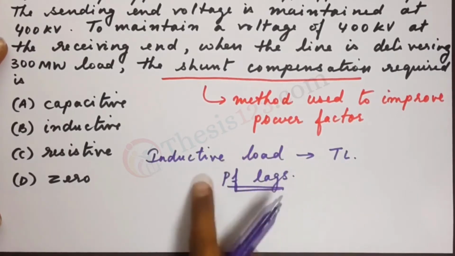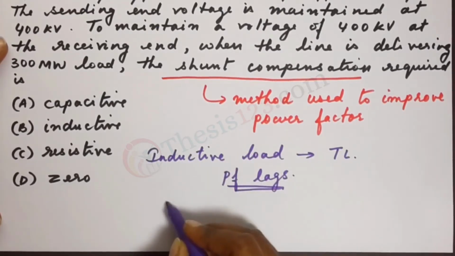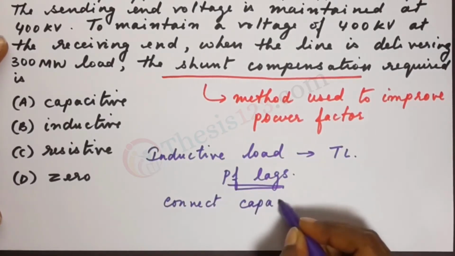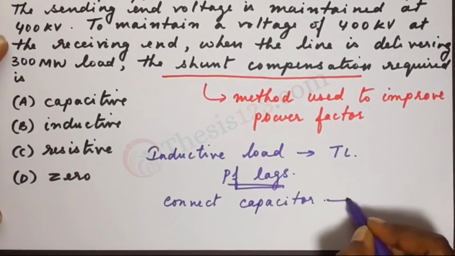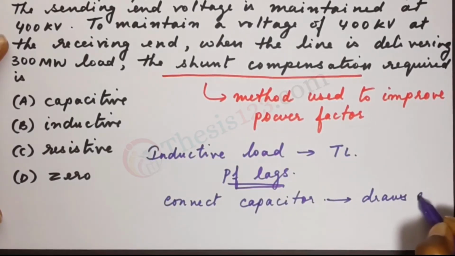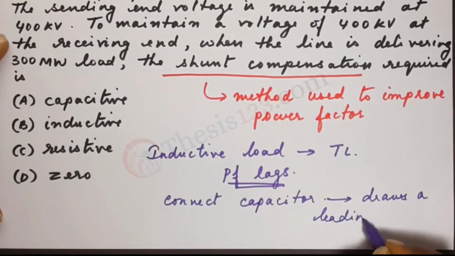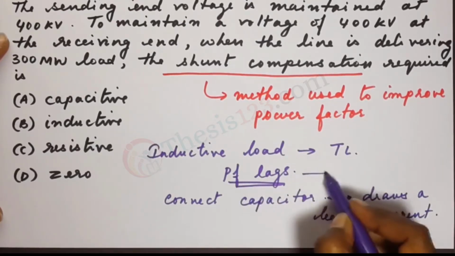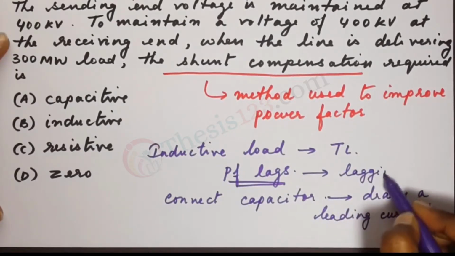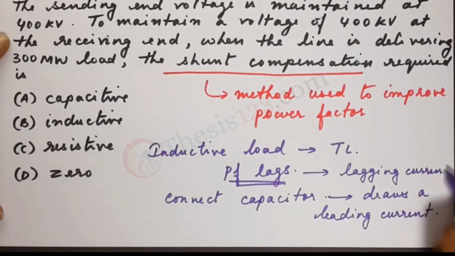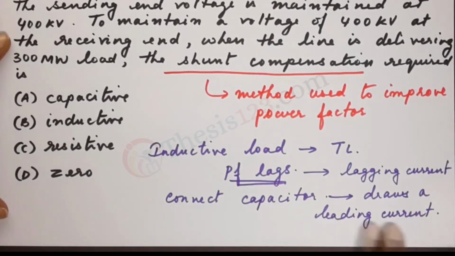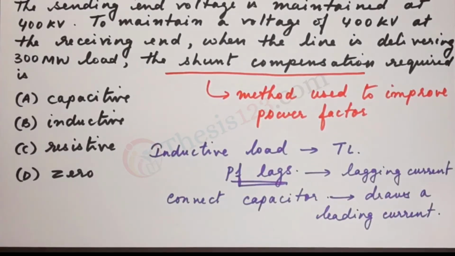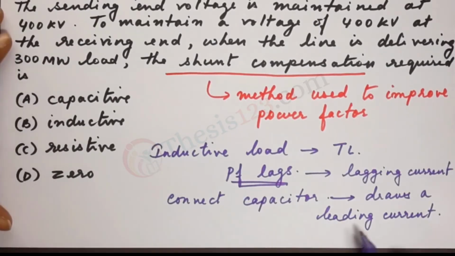And in order to compensate this lagging power factor, we connect a capacitor, which draws a leading current. So if we connect a capacitor, it draws a leading current, and this compensates the entire system and hence improves the power factor.